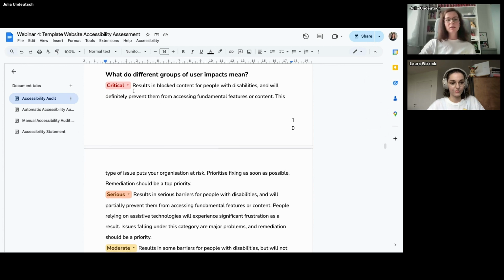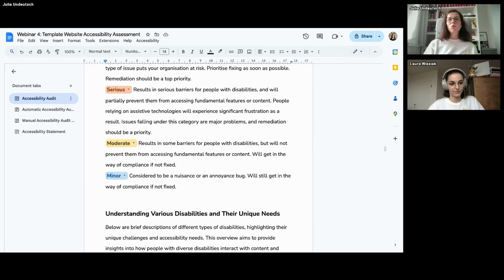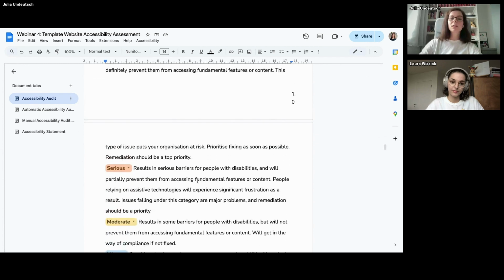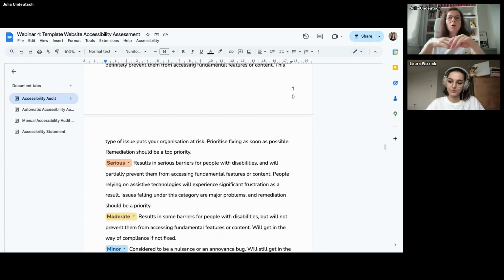So there are critical issues which are really blockers, that someone cannot perceive anything of the website at all, and going down to the minor, that it would be cool if you have a heading 1, for example, on your website, but it's not that important, someone could not use the whole website just because you're missing an H1. But this should help you understand what is important, what has the most priority, and also maybe thinking about when working in a team, how would you prioritize it when fixing the issues?